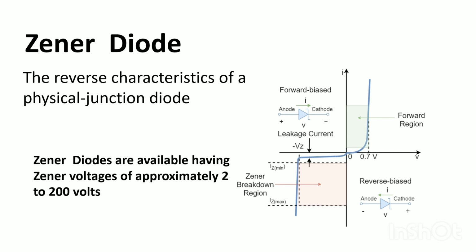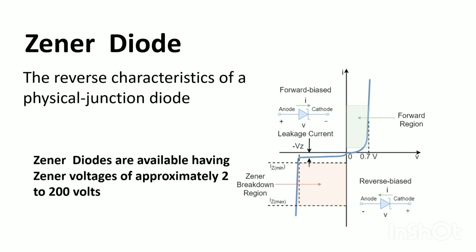There is a Zener diode. Now I will discuss the Zener diode, the reverse characteristics of a physical junction diode. It was noted that the reverse voltage increases to a certain level VBR. You have already seen that. This is the VBR. The diode breaks down.